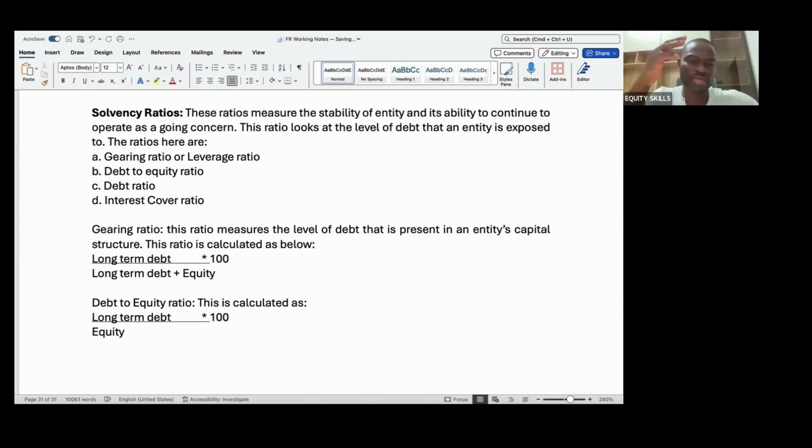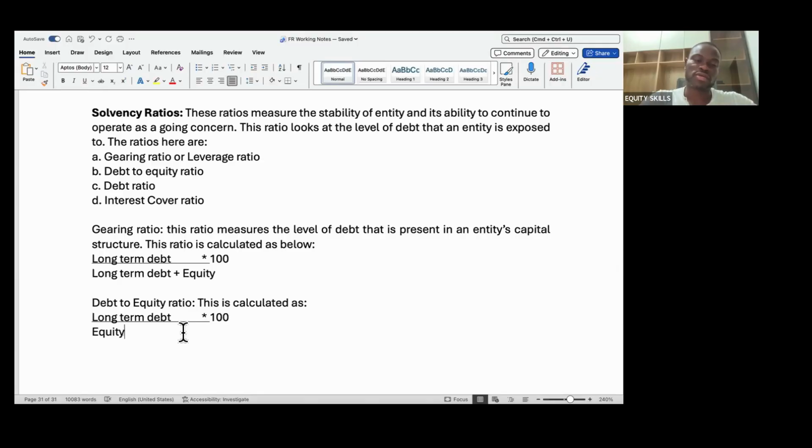So if your debt is higher than your equity, you'll have a ratio higher than 100%. That company is in trouble. It clearly means that your operations are majorly financed by debts.